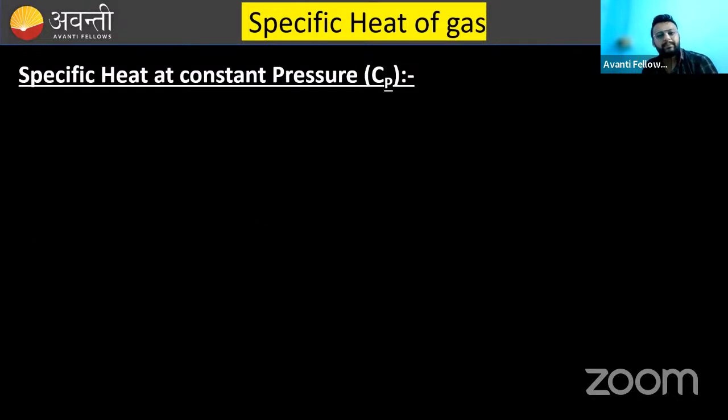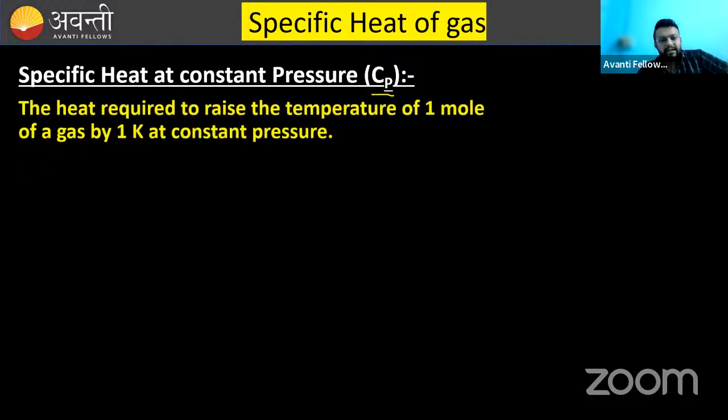Specific heat at constant pressure. It is denoted by Cp. This is the same thing. What's changing here? We are keeping the pressure constant and volume is allowed to change. The heat required to raise the temperature of 1 mole of a gas by 1 Kelvin at constant pressure. Nothing changes.